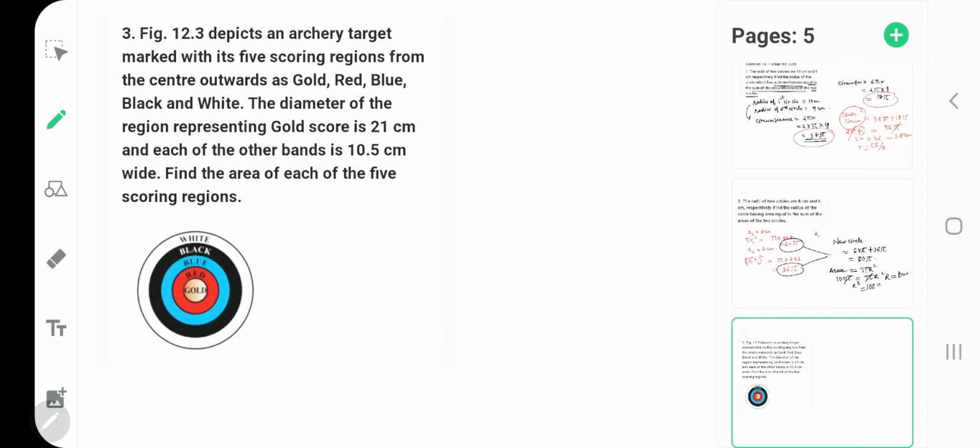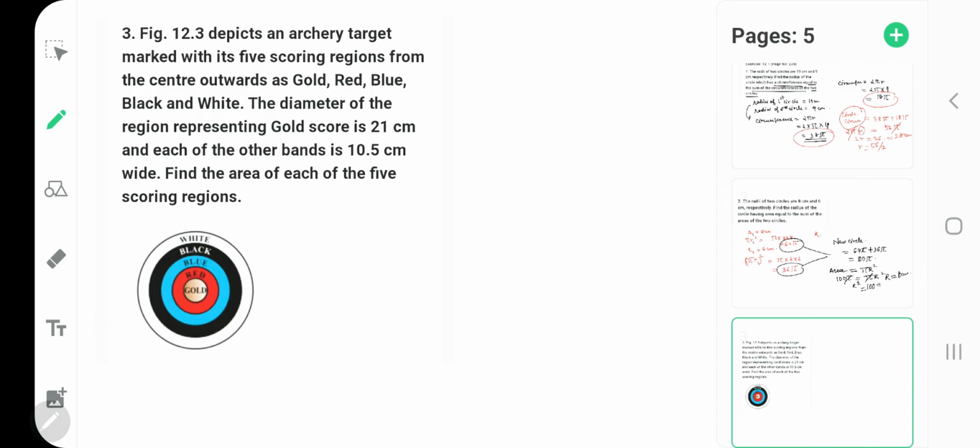Next my dear kids, we have figure 12.3. Okay. Here we have figure 12.3 in your textbook depicts an archery target marked with its 5 scoring regions from the center outwards as gold, red, blue, black and white.